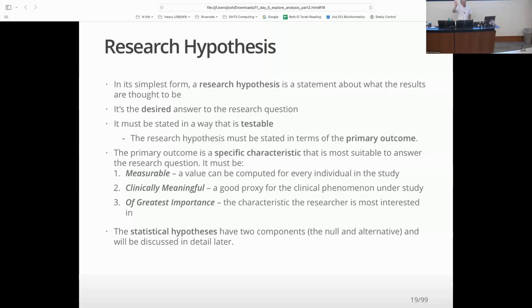So that would be the alternative hypothesis. The null hypothesis is that I can't identify any difference, there's no statistical difference in terms of sweetness between the two apples.